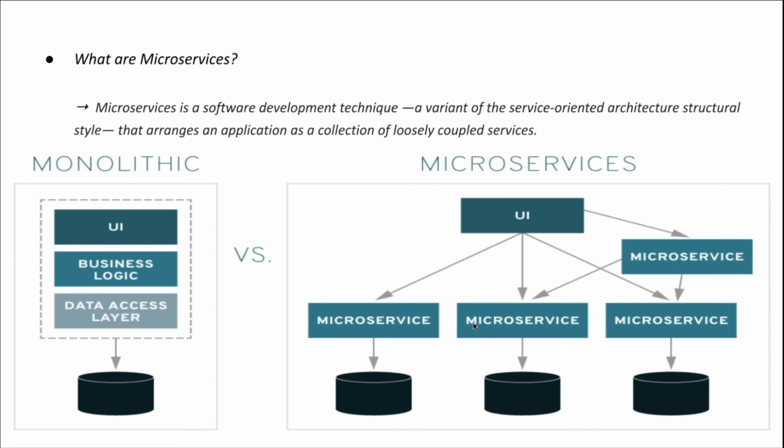So whenever service one needs anything from service two, it cannot directly communicate with the database of service two. It has to communicate with the service two application, which will get the data and return it back. This is how the overall architecture works.